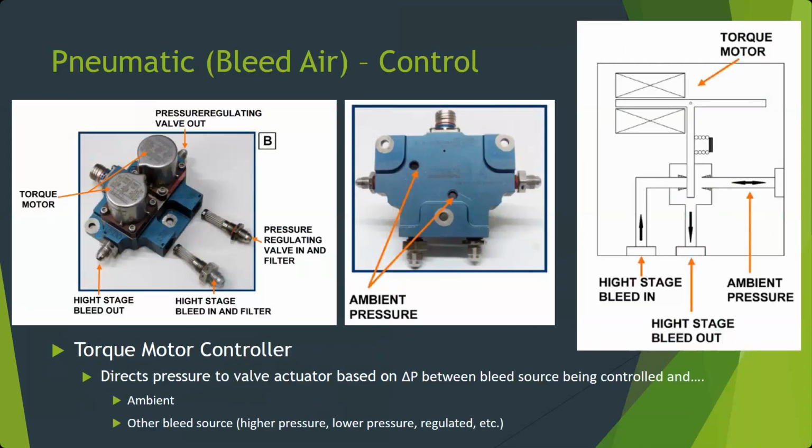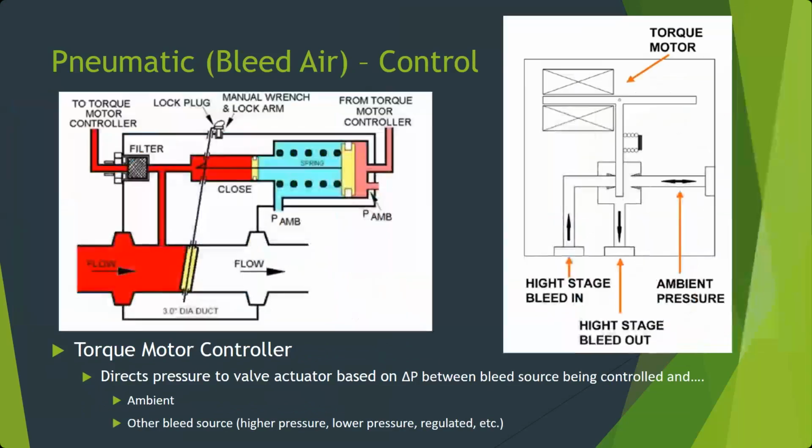So we pull it out. Here's the torque motor controller right here. And this is that same thing. Here is, I thought I had these together. There we go. So here we get air from the high pressure side that goes to the torque motor controller.